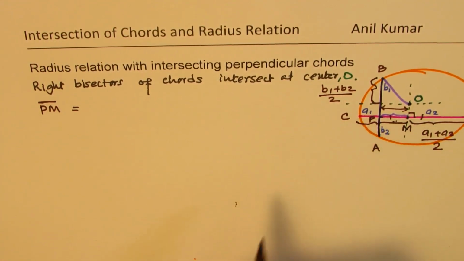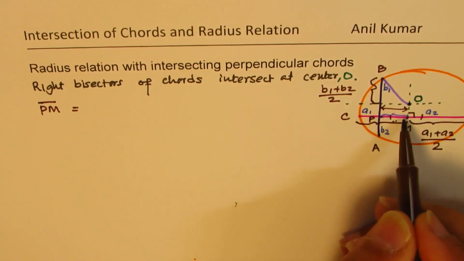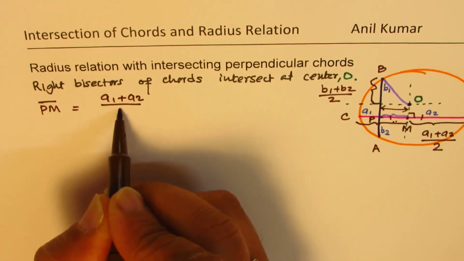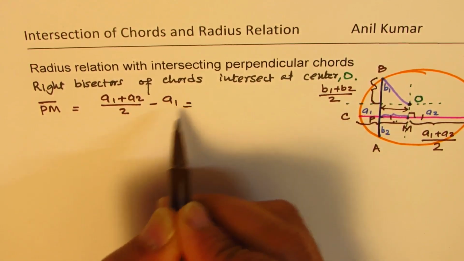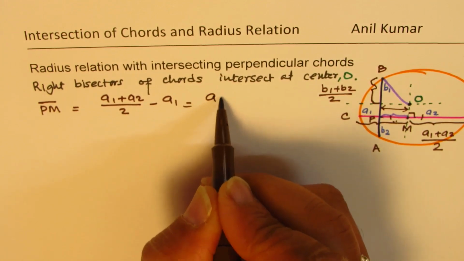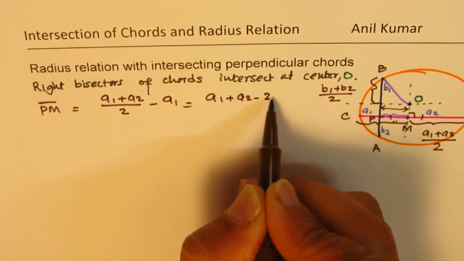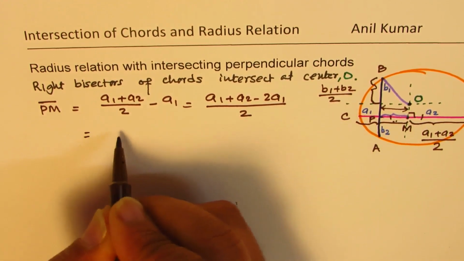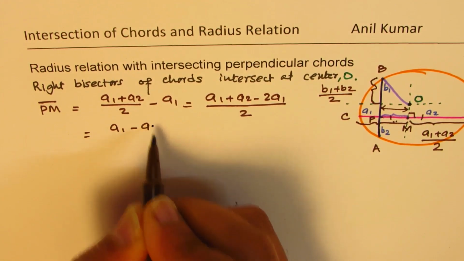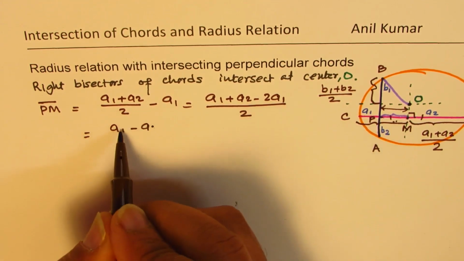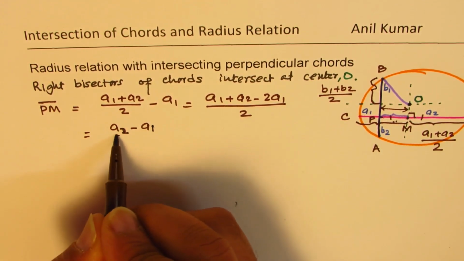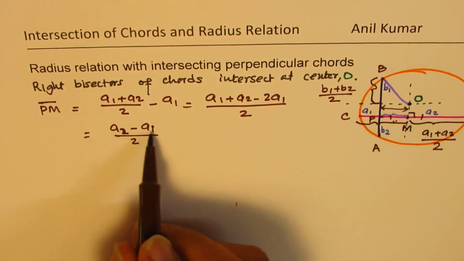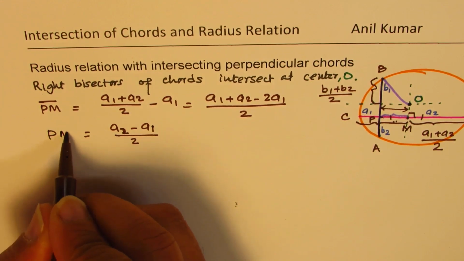Length PM will be half minus A1, so it is (A1 + A2) divided by 2 minus A1. Clear? So this is (A1 + A2 - 2 times A1) over 2, which is equal to (A2 - A1) divided by 2.